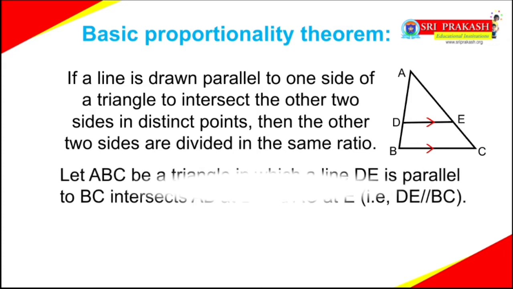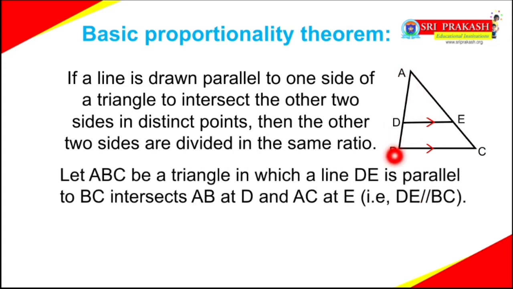For example, let ABC be a triangle in which a line DE is parallel to BC, intersects AB at D and AC at E, that is DE parallel to BC, then AD by DB is always equal to AE by EC.